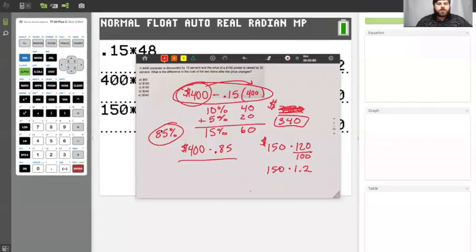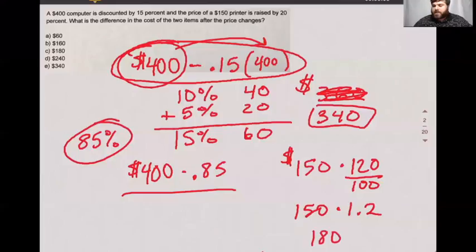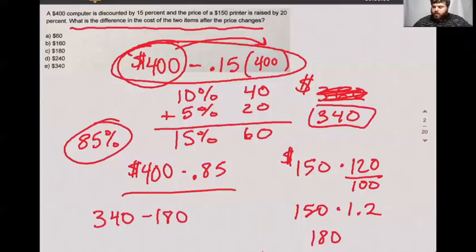So that is the new cost of my printer, $180. The question ultimately says, what is the difference in cost between the two items? The difference is the distance between these two numbers, and the way we find differences is we subtract. So 340 minus 180 gives me 160. So my correct answer is choice B.